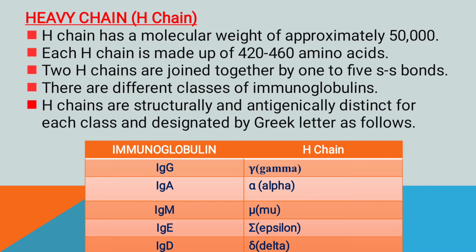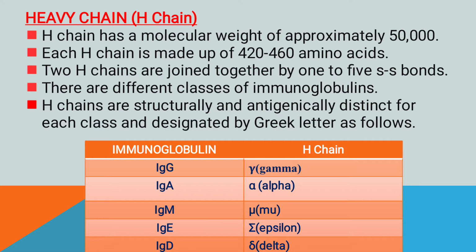These classes are named after the heavy chain found in that particular class of immunoglobulins, which are designated by Greek letters as follows: IgG, in which we find the heavy chain gamma; IgA, heavy chain alpha; IgM, mu; IgE, epsilon; IgD, delta.